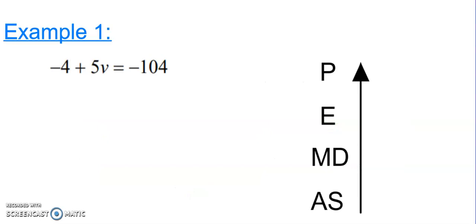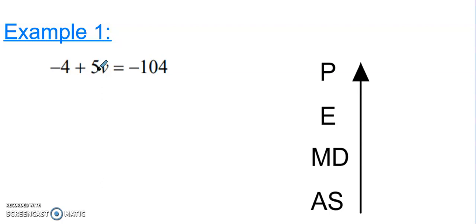So to start off, we want to make sure we read the equation with all of the operations. So this equation says -4 plus 5 times v equals -104. So remember, whenever there's a number next to a variable, that operation there is multiplication.